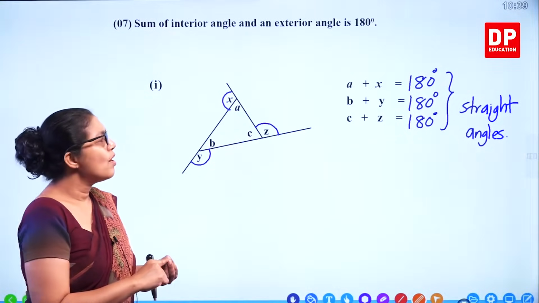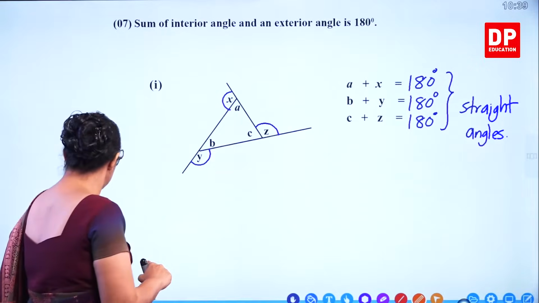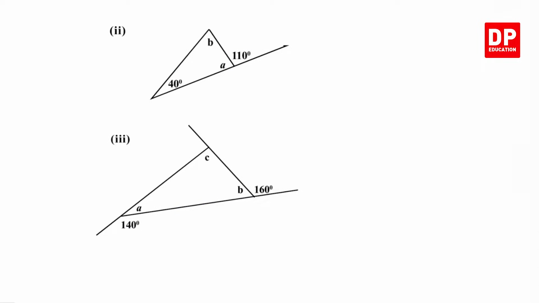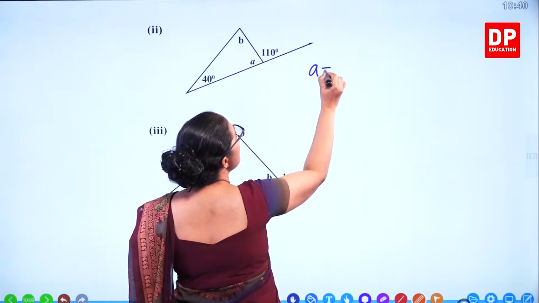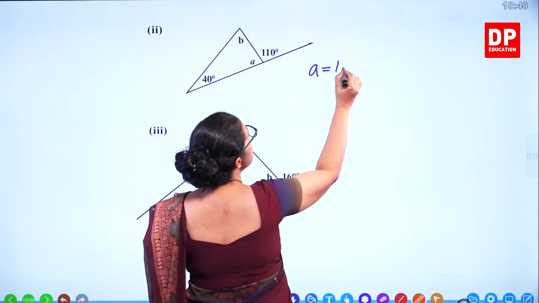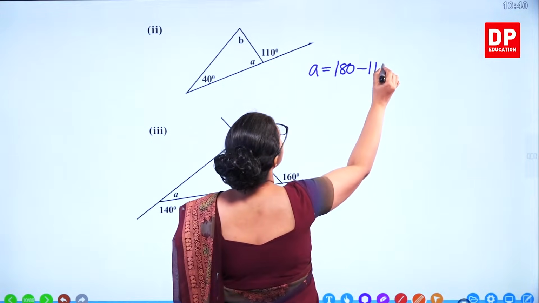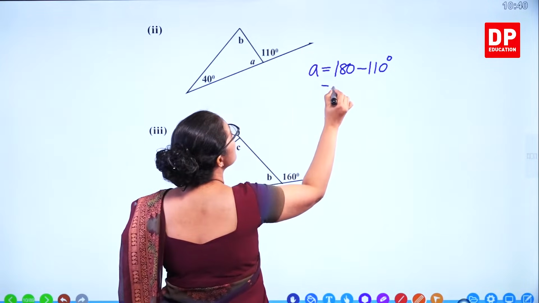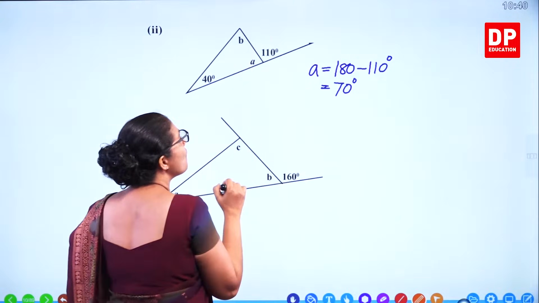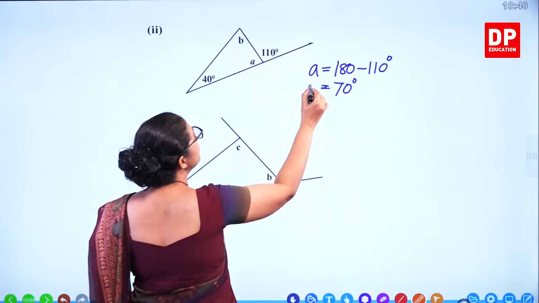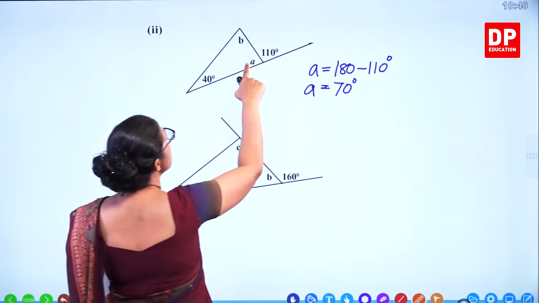That's equal to 180 degrees. You can find out these angles. So what is A? Straight away you can find A by 180 minus 110. So you get 70 degrees. That's A.